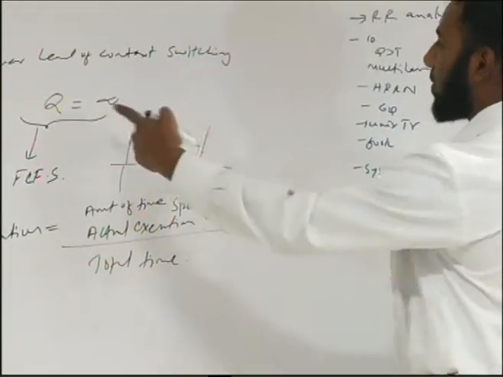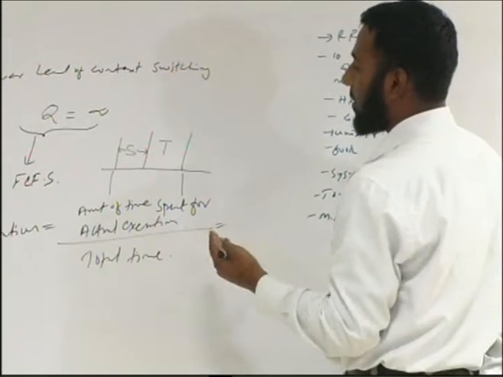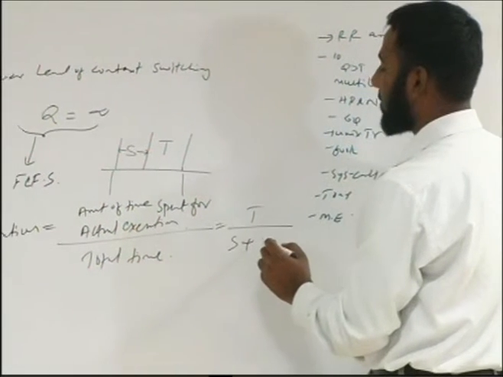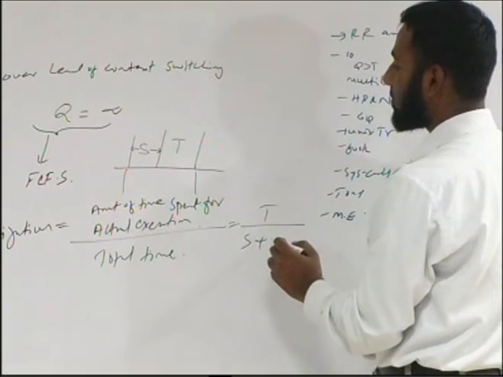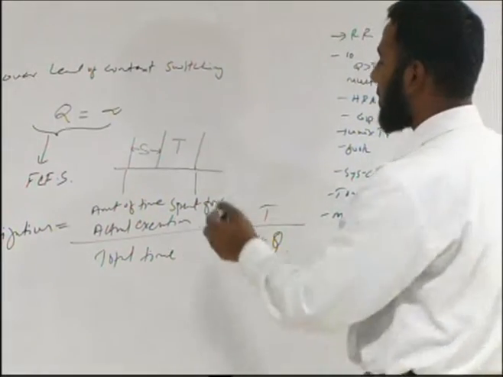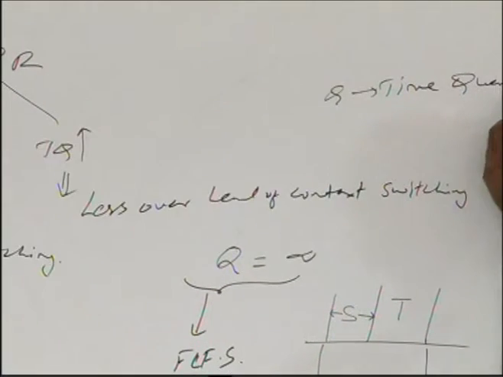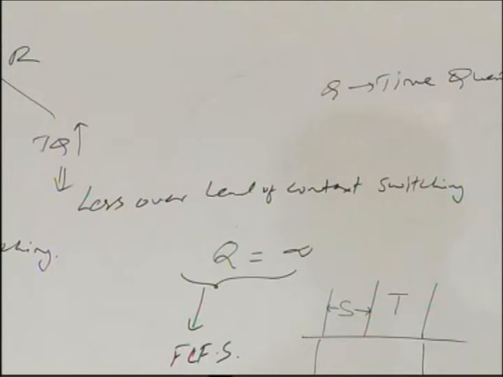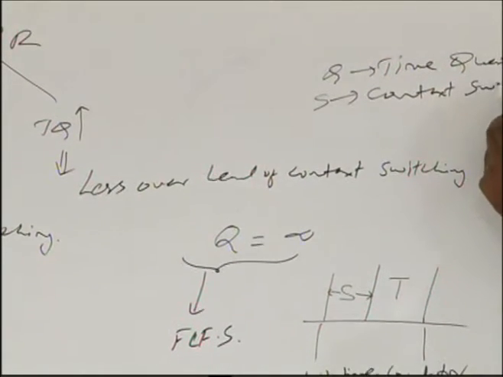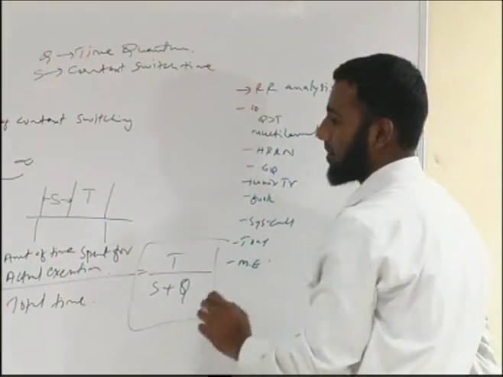So, when q is infinity, the CPU utilization will be t divided by the total time, s plus t. Here q is the time quantum and s is the context switch time. So, this will be the CPU utilization.